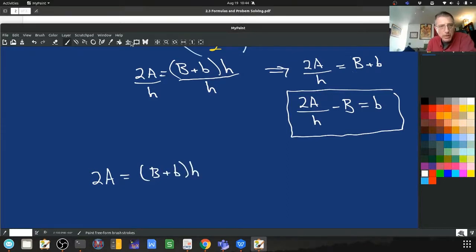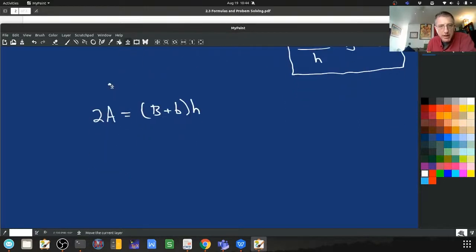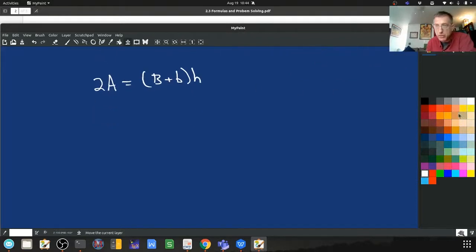Some of you will want to go the distribution route. Indeed, I kind of suggest you are supposed to do so here. And that means that you're going to want to distribute the h. If you do, it's going to give you the following. 2a is equal to B times h plus small b times h.